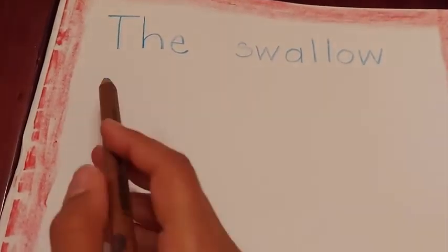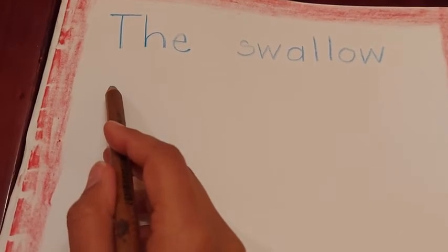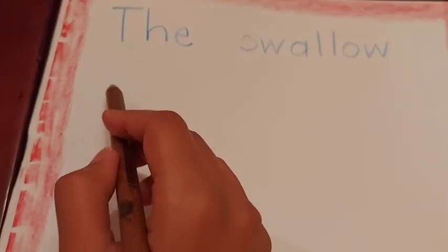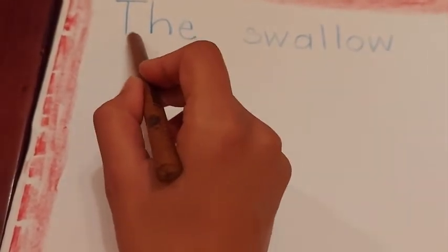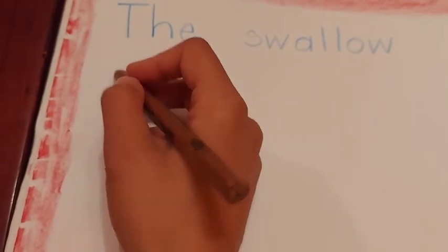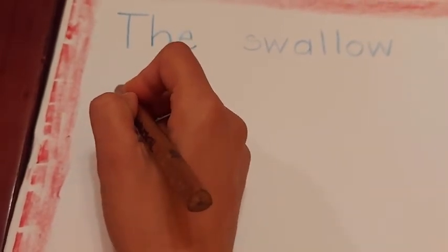Now, I can't fit my next word in here. My next word is and, and I can't fit that word in there because then it's going to go right into my border. So I'm going to go under my T. I'm going to keep my next letter in line with my T. I'm not going to start too close to this part over here, but rather a little bit underneath.